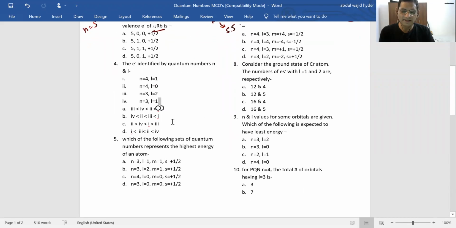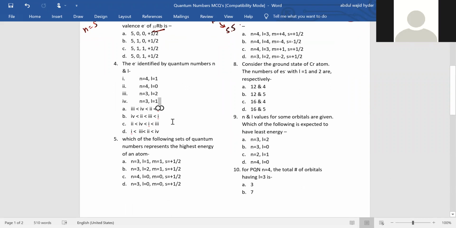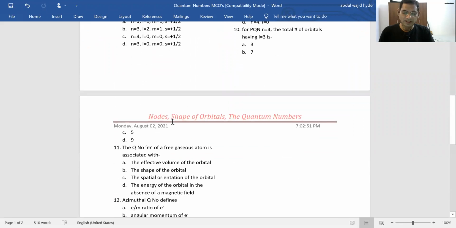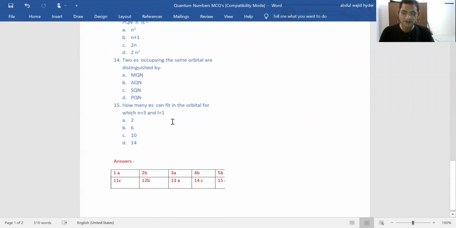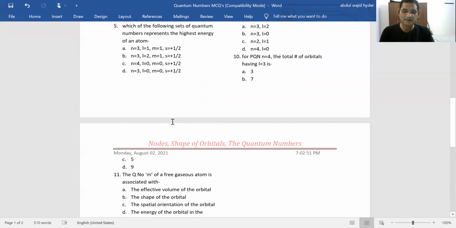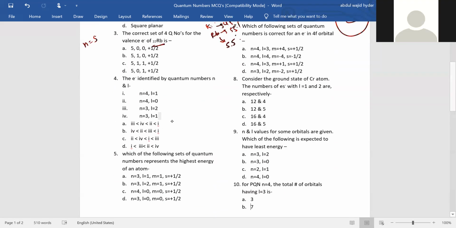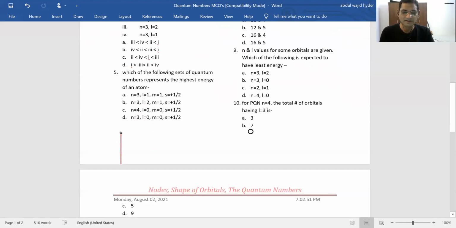I think they are asking about the energy level here. I'm not sure. From the answer only we will come to know what the question is. The answer of question number 4 is B. So from the answer, we will come to know what question they are asking here.